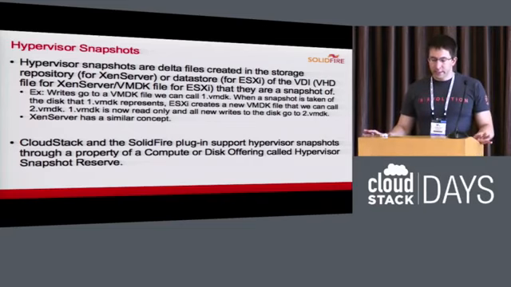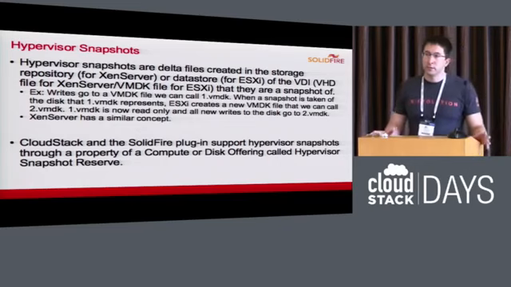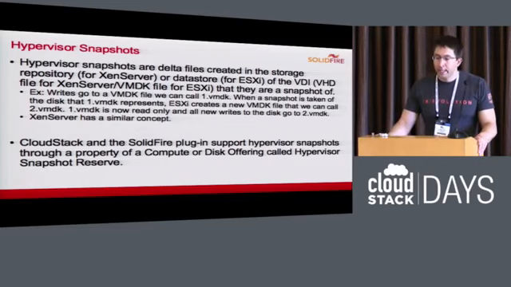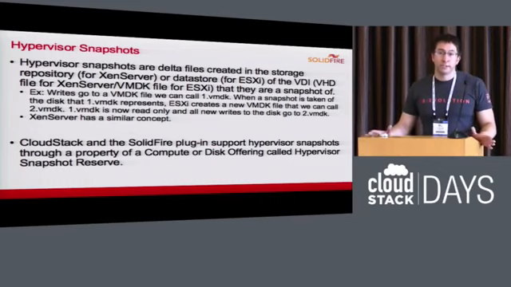So the idea here is that those virtual disk images would typically be contained in the same storage repository if it's XenServer, or the same data store if it's ESX. And we needed a mechanism to make the backend volume large enough, not just for your virtual disk, but potentially for these delta files as well. And that's where that hypervisor snapshot reserve field comes into play.